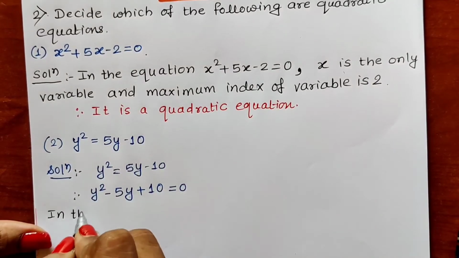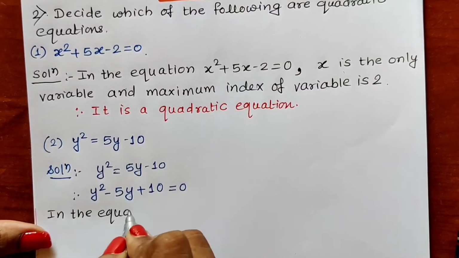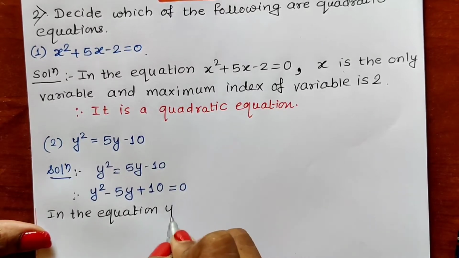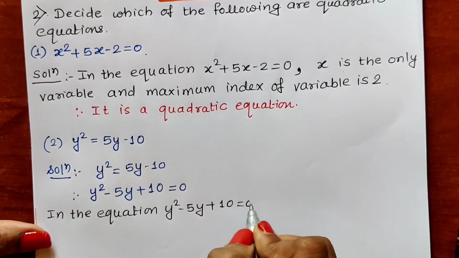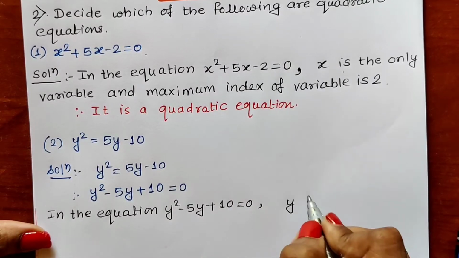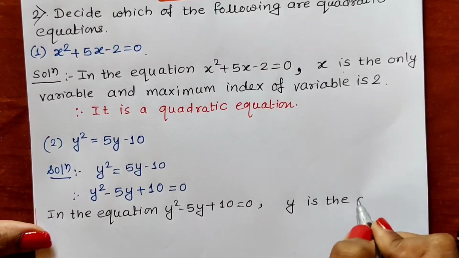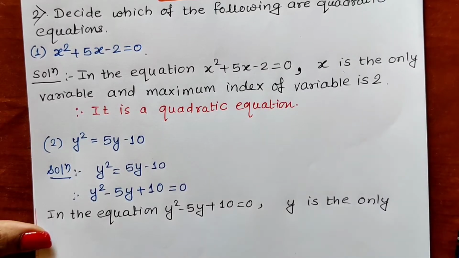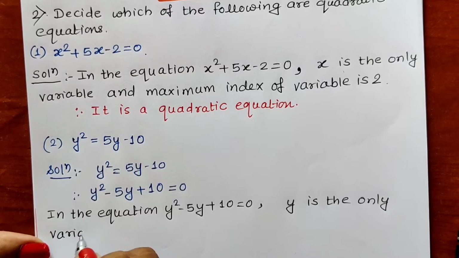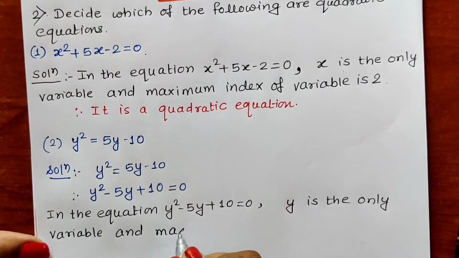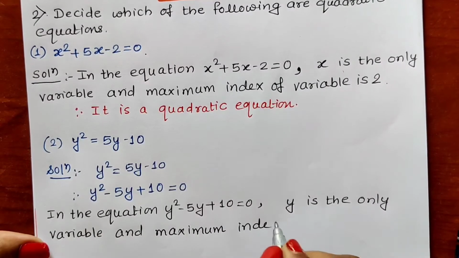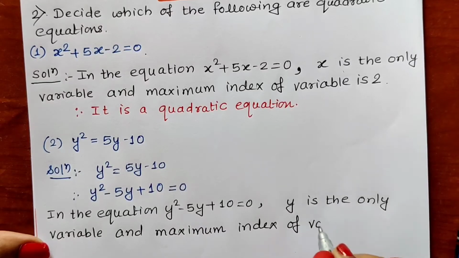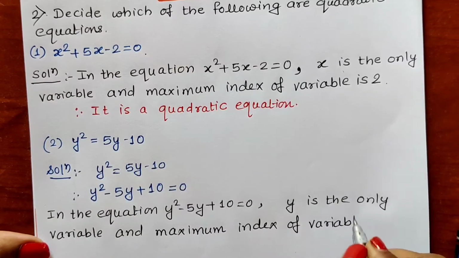In the equation, y square minus 5y plus 10 equal to 0, y is the only variable and maximum index of variable is 2.